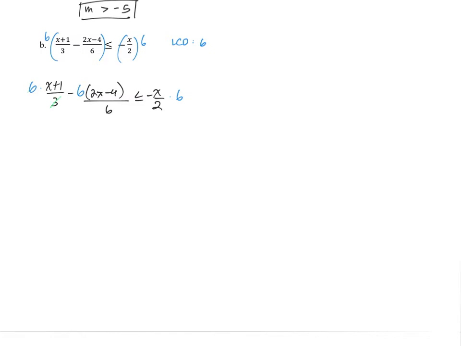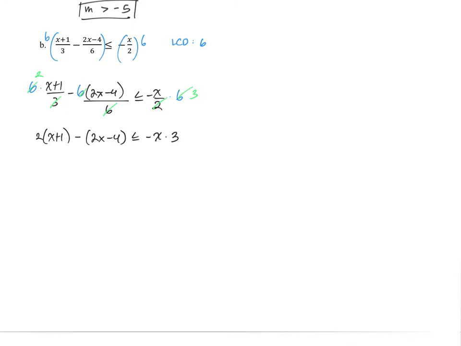We can go ahead and cancel out values and rewrite. So we have 2 times (x plus 1) minus (2x minus 4) less than or equal to negative x times 3.